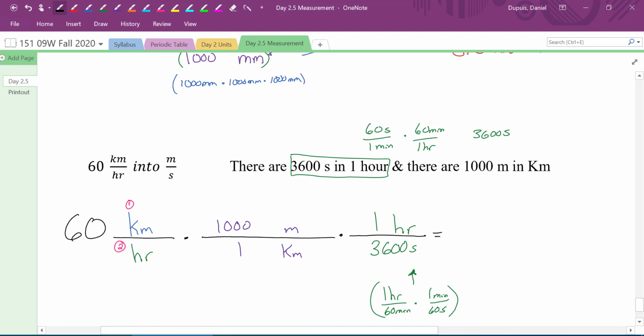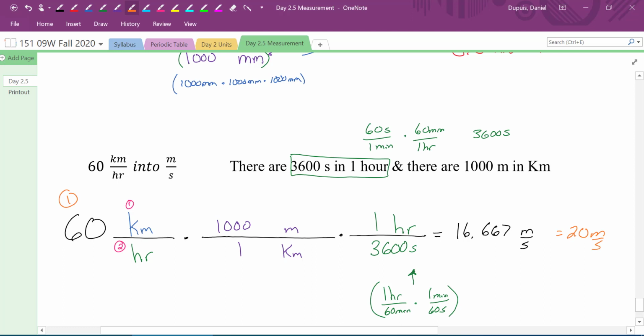And if we do this math, I get 16.667 meters per second. Now, how many sig figs do we have? 1 sig fig. So that means my answer is 20 meters per second. Right? I only have 1 sig fig.